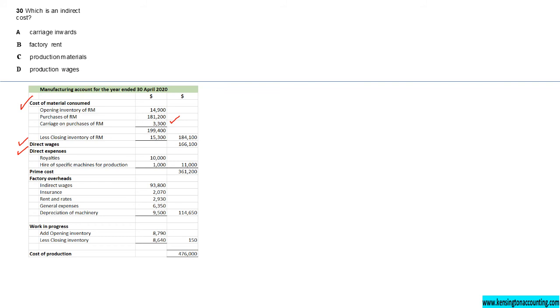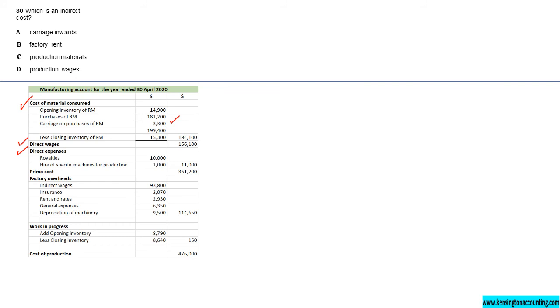For factory overheads, that would include indirect wages, for example, wages or salaries of supervisors. It would also include factory insurance, rent and rates of the factory, general expenses to do with the factory, depreciation of machinery. And then we have work in progress, with opening inventory and closing inventory.